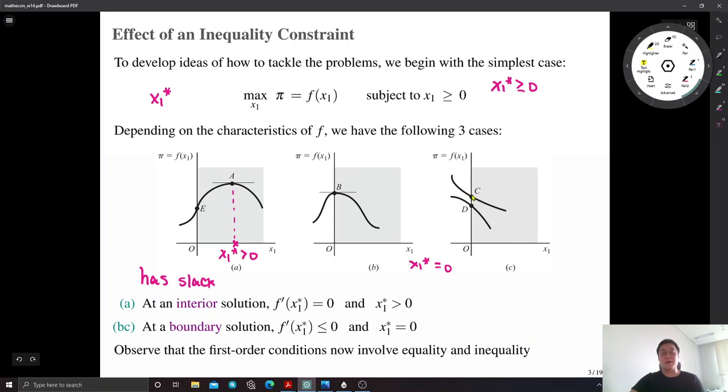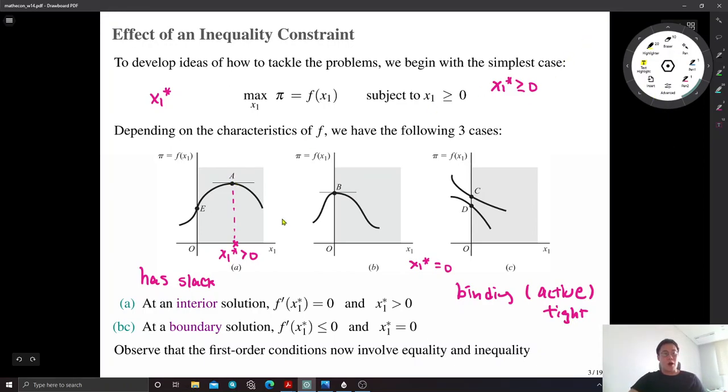That means the function is monotone decreasing in this region. So the solution occurs at the boundary point. Okay, and in this case, we say that the constraint is binding, or active. The constraint is active, or the constraint is tight.